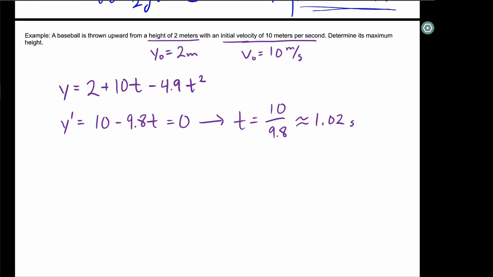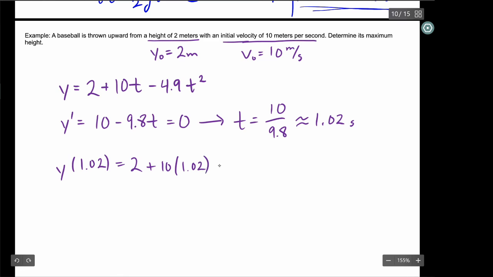To determine its maximum height, we plug 1.02 into this function. So this is 2 plus 10 times 1.02 minus 4.9 times 1.02 squared, and this gives us an answer in meters.